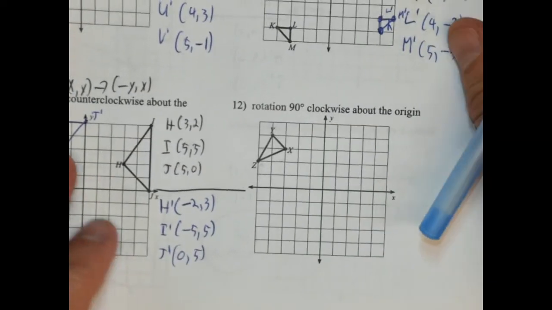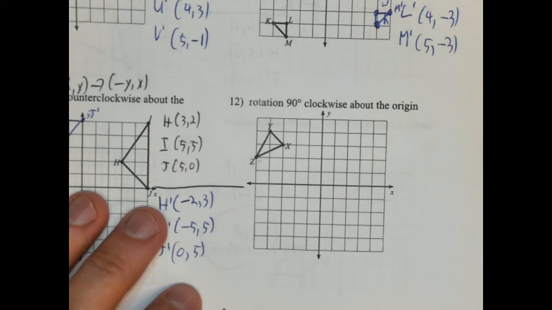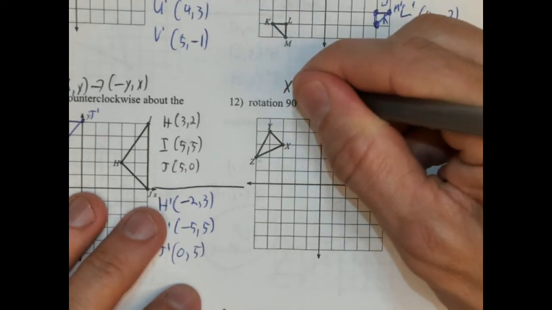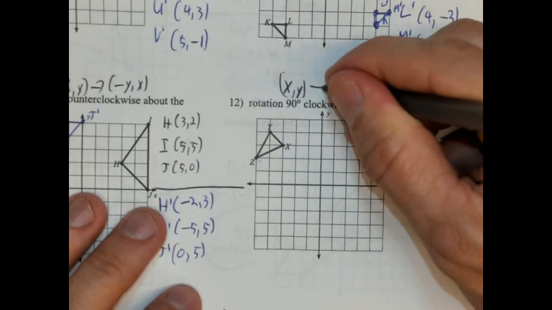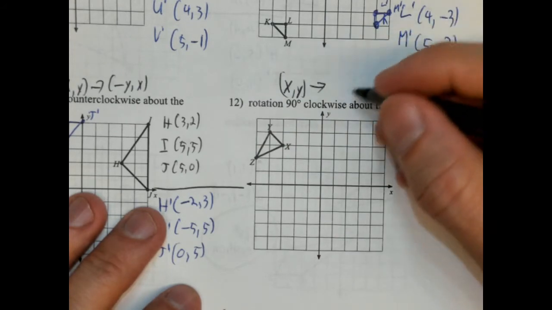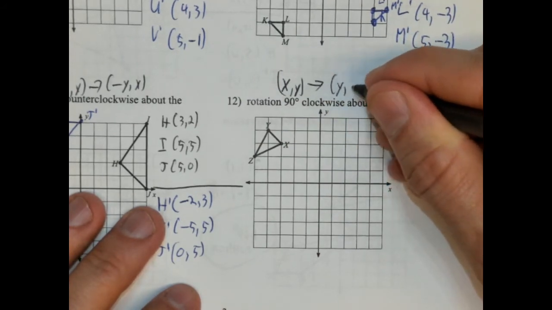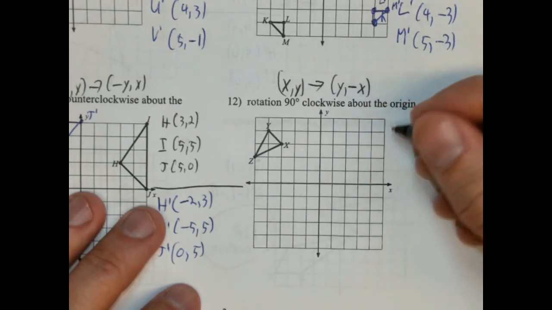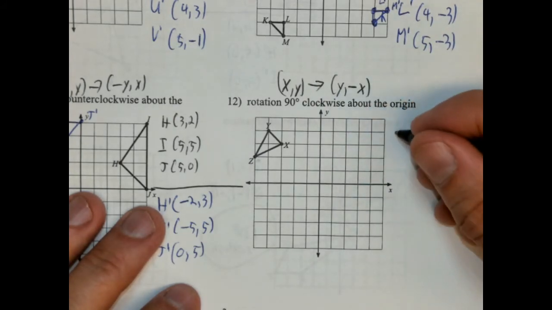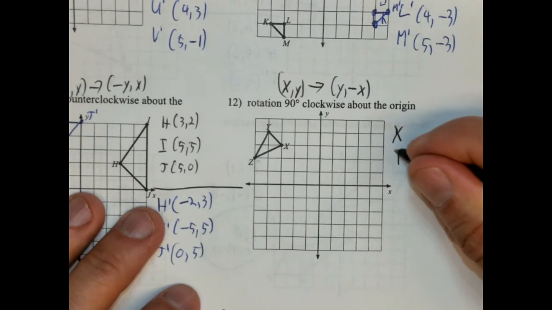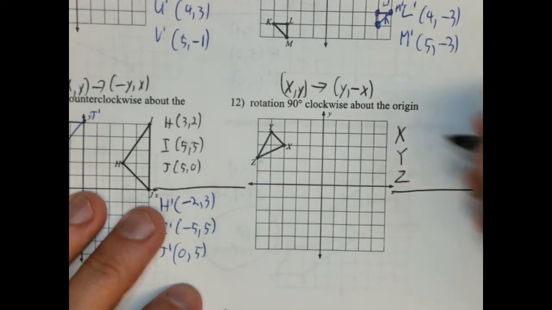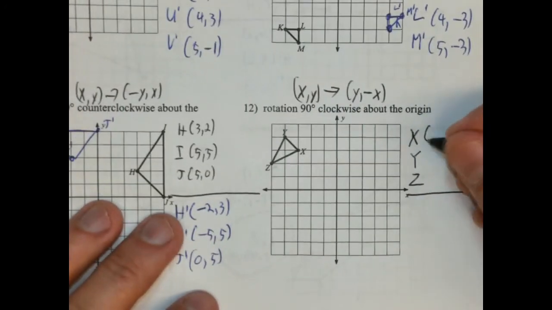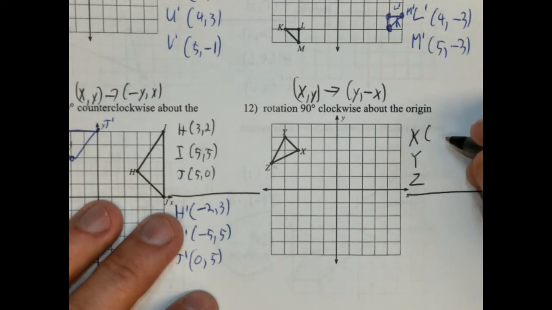Here we go. Rotation 90 degrees clockwise. So the rule for that is going to be x, y becomes y, opposite x. Okay. So we have X, Y, Z. So X is going to be negative 3, positive 3.